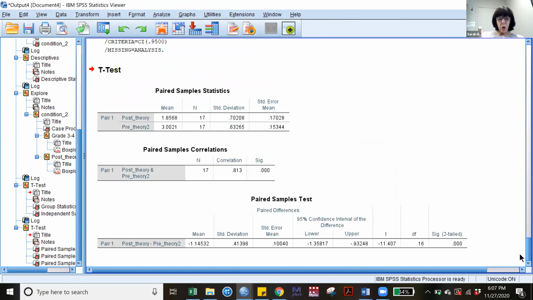Okay, so you can see, first of all, the descriptives. At pre, this group were about at the middle of the scale for fixed versus malleability theory of student ability in math. And that was before the treatment.